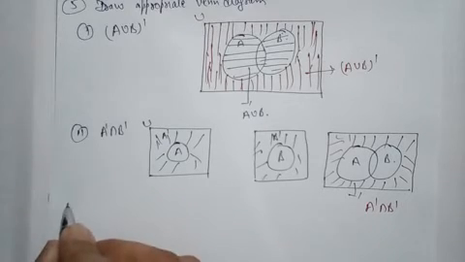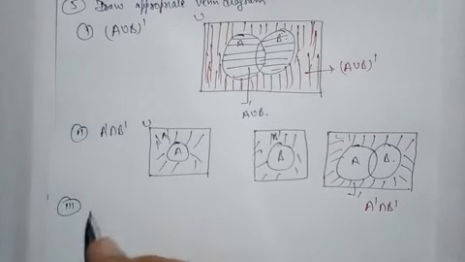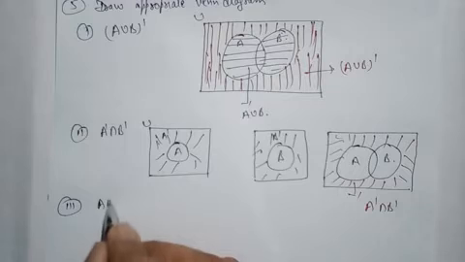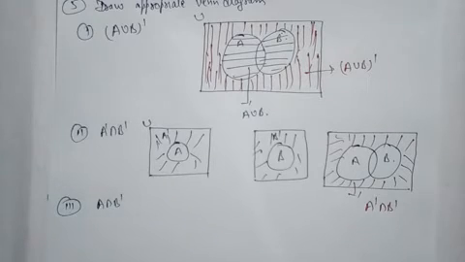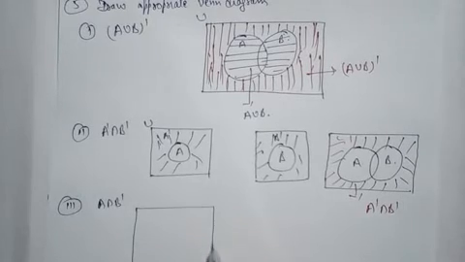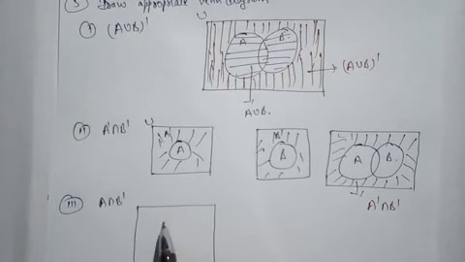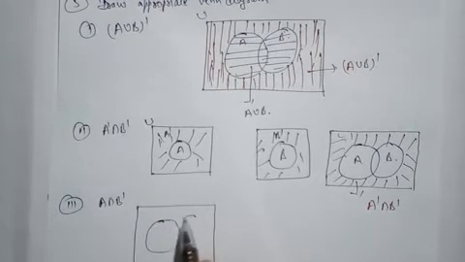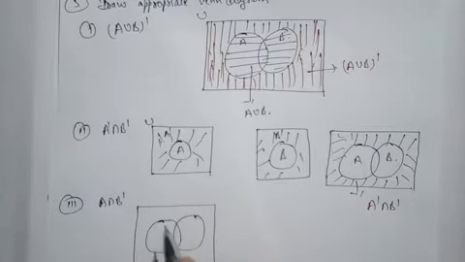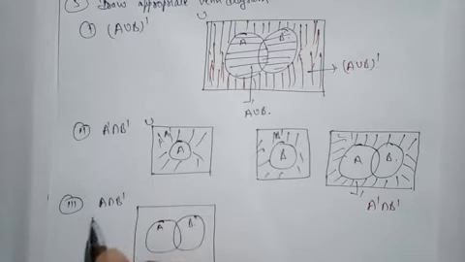Third, (A intersection B) complement. Let this be A, this be B. A intersection B whole complement.